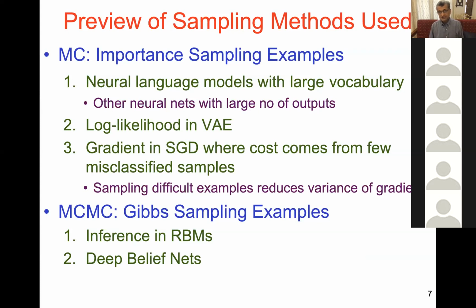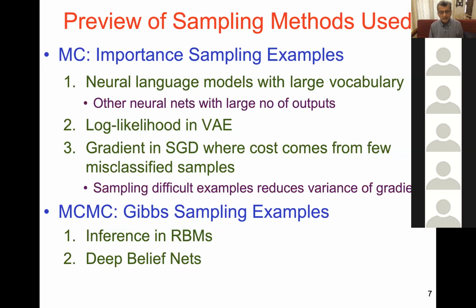How good a sample is it? So we're talking about the goodness of a sample, which is also the importance of the sample. It is used in neural language models with large vocabulary. Importance sampling is actually used in language models, particularly with a large vocabulary, or other neural nets with a large number of outputs. When you have a large number of possibilities, the amount of computation may be large, so importance sampling is useful.